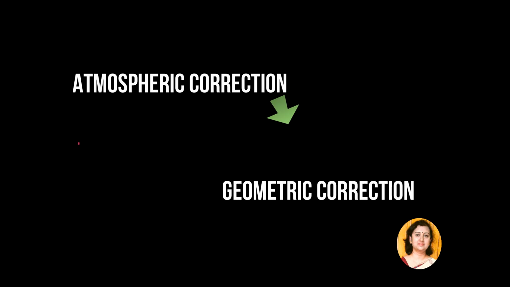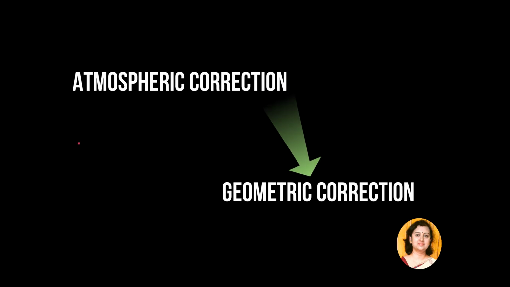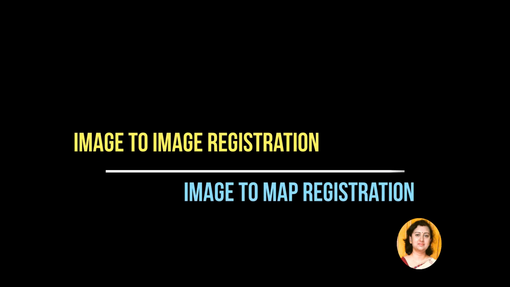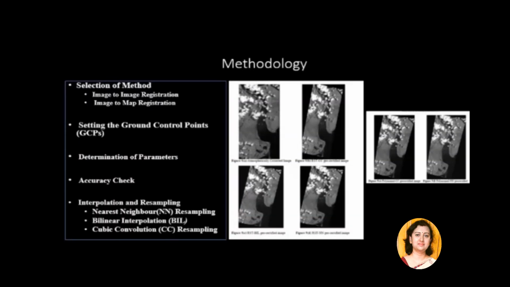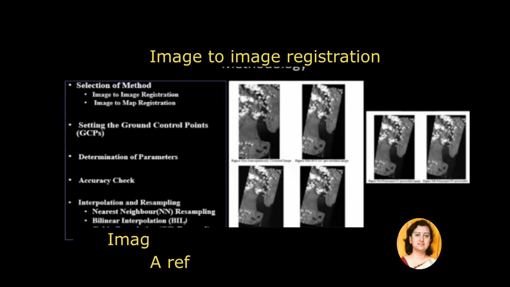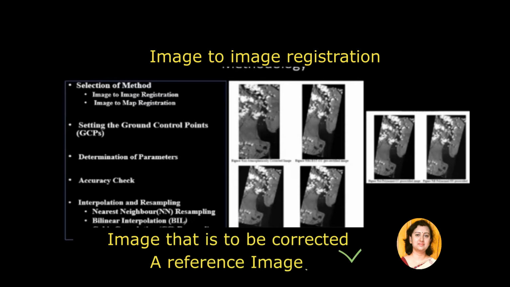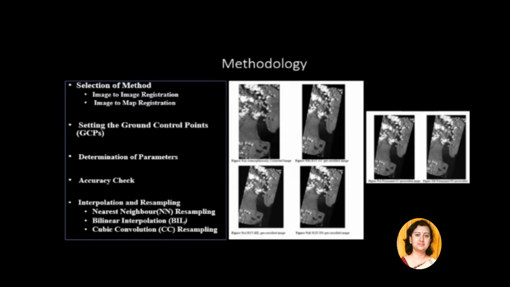Now, you have to first select the method of geometric correction. There are two methods. One is image to image registration, and the other is image to map registration. In image to image registration, what happens? You have the image which you need to correct, and you should have another image that is already registered.